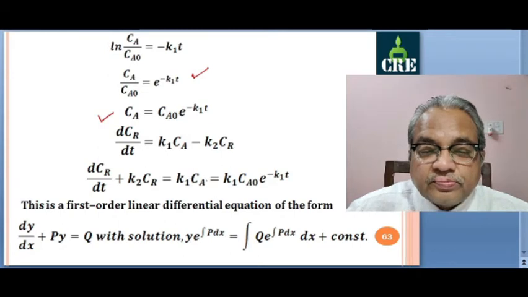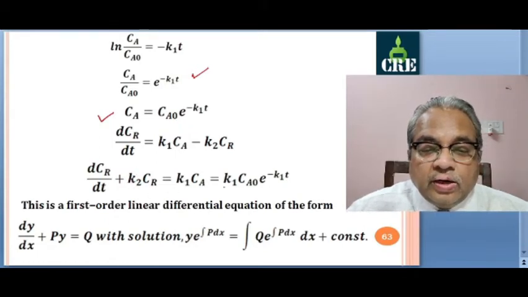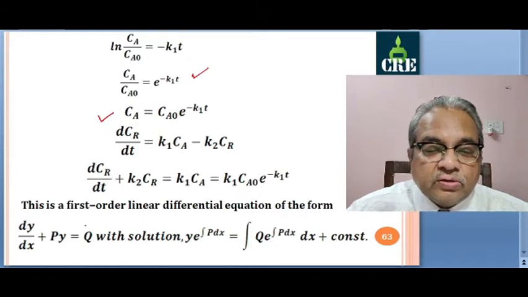It is linear, and this is of the form dy by dx plus Py is equal to Q. So here y is equal to CR, P is K2, and on the right hand side K1CA0 e raised to minus K1T is the value of Q.